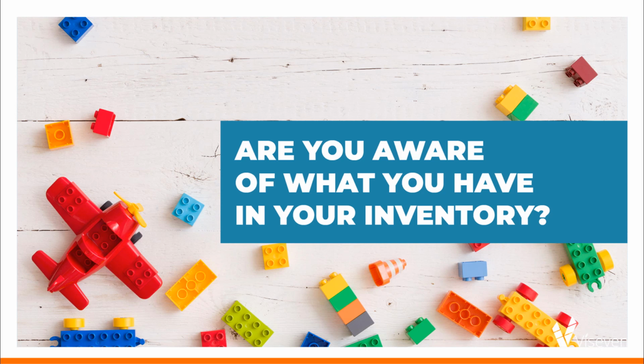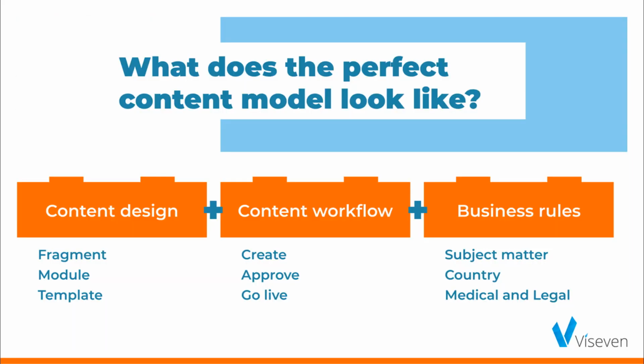And the first step in this journey would be creating a content model. A content model represents the content and its relationships. A content model is a visual representation of the content types in a subject area, all their properties and the relationships between them.